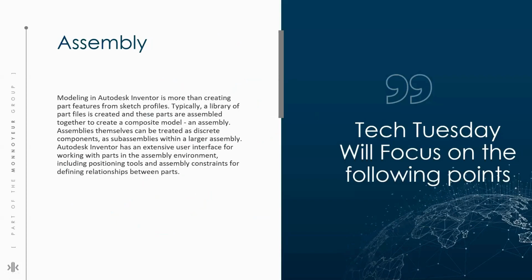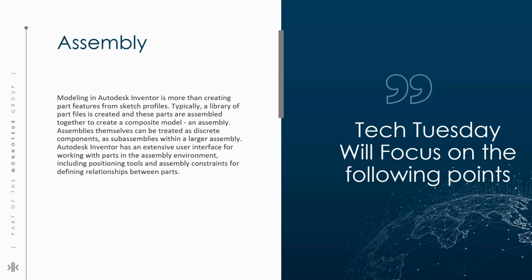Tech Tuesday will focus on the following points. Basically, assembly modeling in Autodesk Inventor is more than creating part features from a sketch profile. Typically, a library of part files is created and these parts are assembled together to create a composite model and assembly. Assemblies themselves can be treated as a discrete component, as a subassembly within a larger assembly.